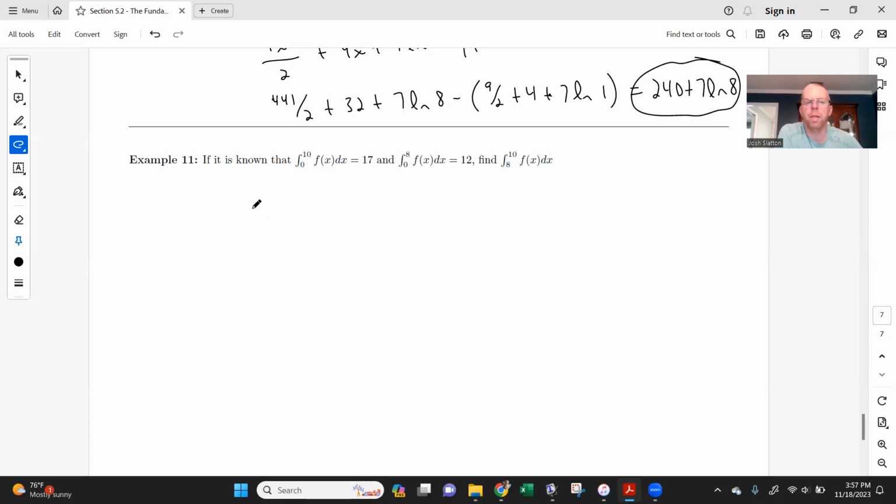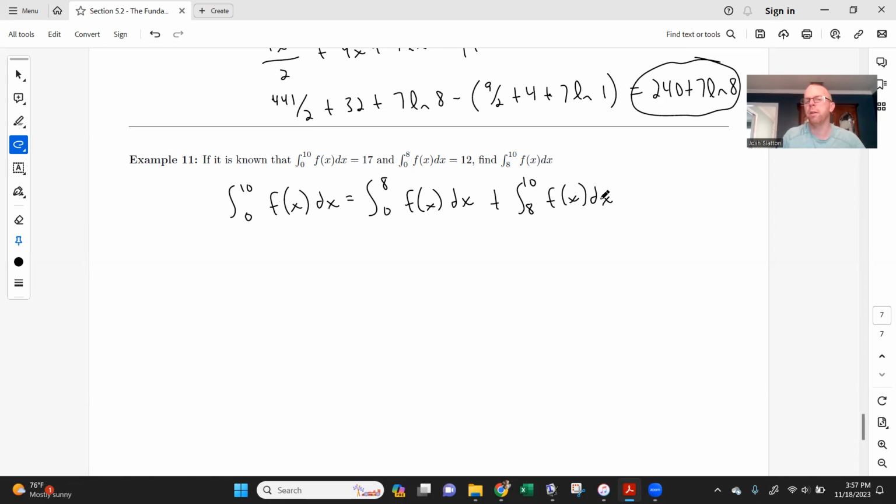And so if f is continuous, and even if it's not really, but we can assume that it is, the integral from 0 to 10 can be broken up however we like. And we're going to break it up from 0 to 8, and then from 8 to 10.